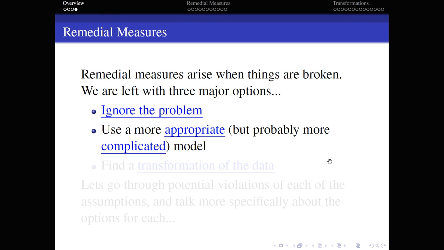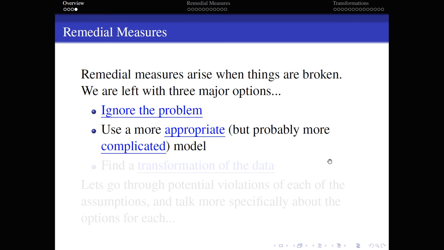The second option that we can do, as opposed to just ignoring the problem and going on with business as usual or making a minor note, is to use a more appropriate model. So there are other statistical models that also tend to go beyond the scope of this class. They tend to be much more advanced, more complicated. But there are statistical models that don't make the same assumptions.